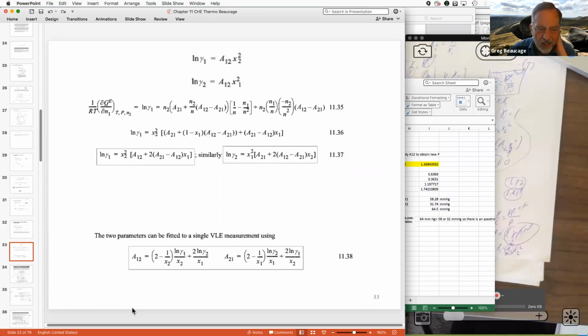And you can rearrange these to solve for A12 in terms of gamma 1, and A21 in terms of gamma 2. So you have one point, with gamma 1, gamma 2, x1, x2, and you can solve for both of these parameters. One point will give you the skewness of this thing. As long as x1 doesn't equal x2, otherwise this thing falls apart. But basically, any normal point, you can solve for the two parameters in the Margules.